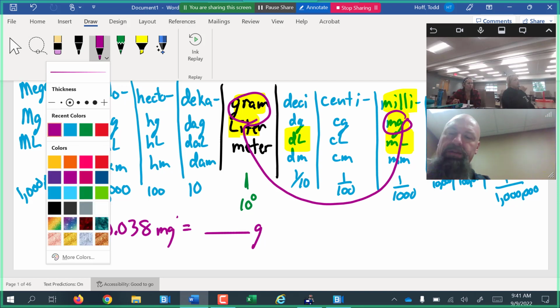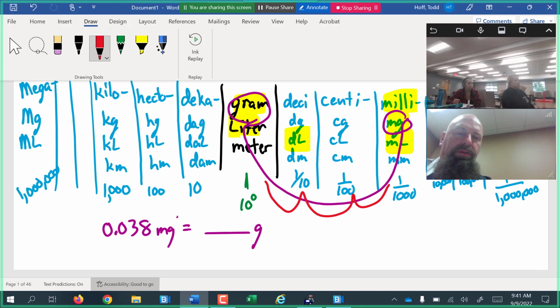If I move from milligrams to grams, it's 1, 2, 3 spaces on the chart. My decimal point has to also move 3 spaces. On the chart it was 3 spaces to the left, so my decimal point has to go 3 spaces to the left. So I go 1, 2, 3. That becomes 0.000038 grams.